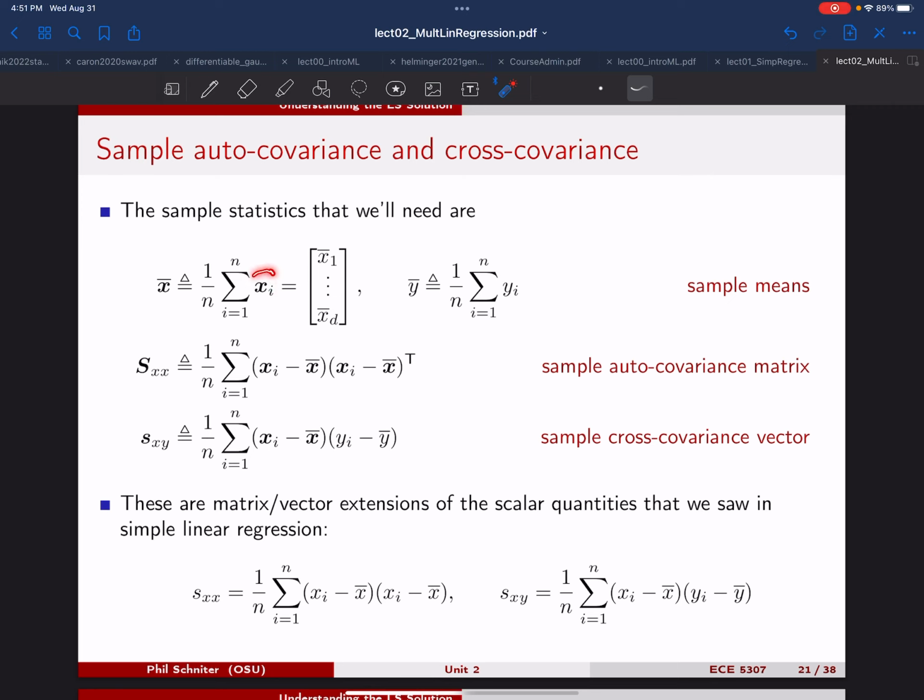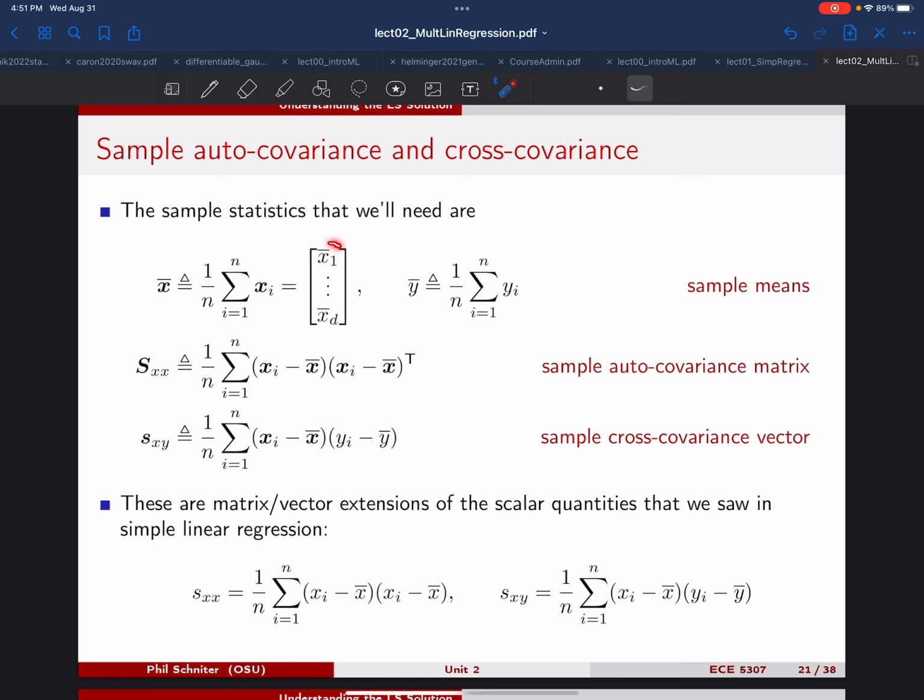If I average my xi's over my entire data set, I get another vector, which we're going to call x bar. That will be the sample mean vector for your features. If you look inside that x bar vector, you will have elements like the first one, second, and so on. And it's not hard to see that the first element in your x bar vector is actually the sample mean of the first element in all your feature vectors.